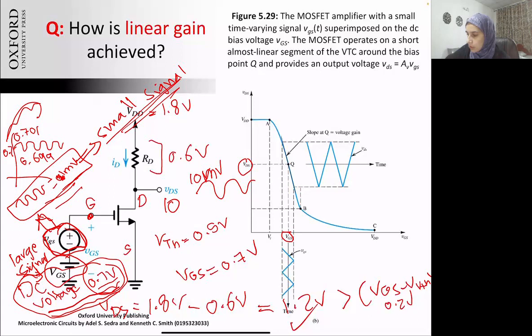That's why here the signal is only varying slightly around this VGS value, as we mentioned here, from 0.699 to 0.701. They are moving around it. If this is not clear, we can try to clarify it more. And you can see here the output signal is basically an amplified version of this small varying signal.